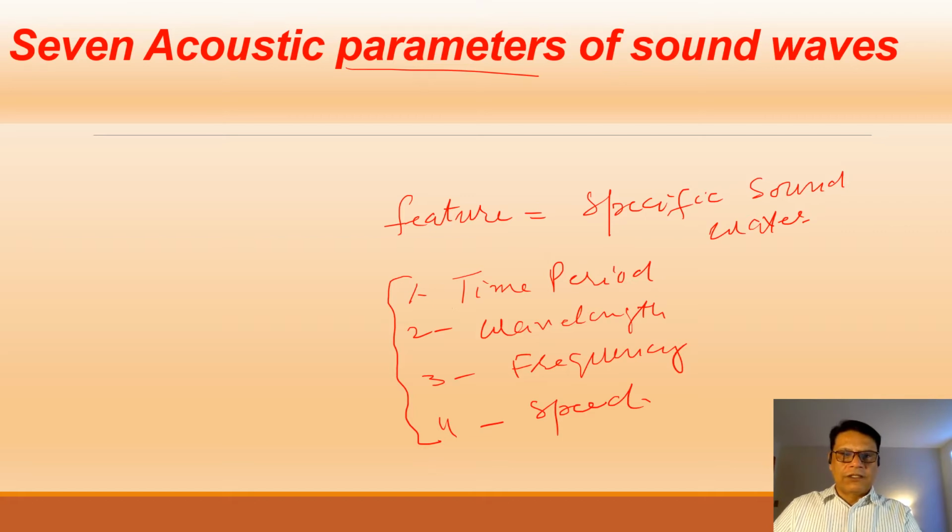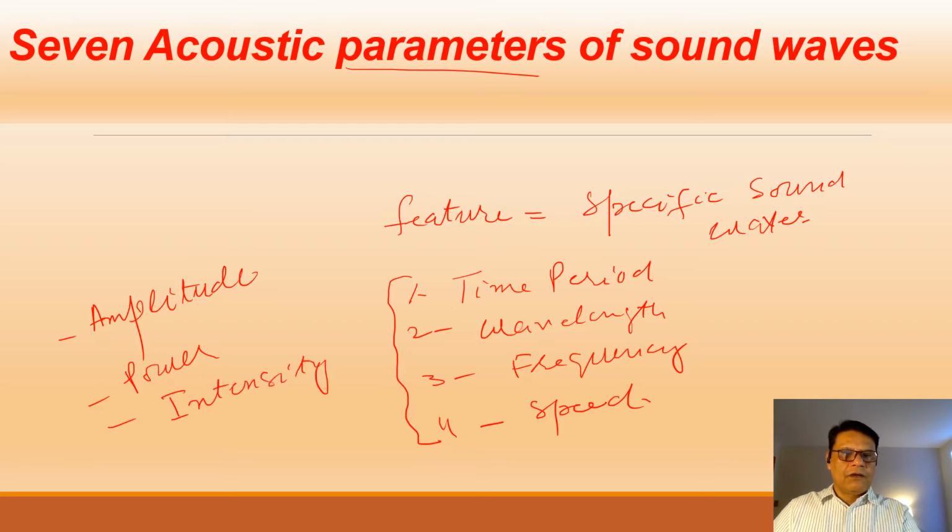Today we will discuss three new parameters that are called amplitude, power, and intensity. We are familiar with the amplitude, and these two terms are new. Amplitude, power and intensity are interrelated.